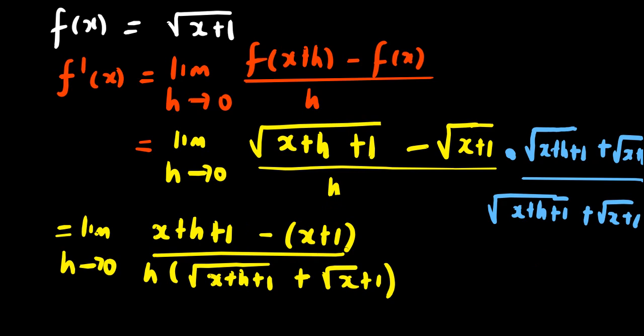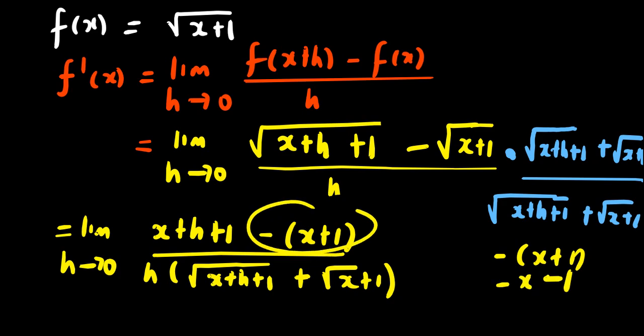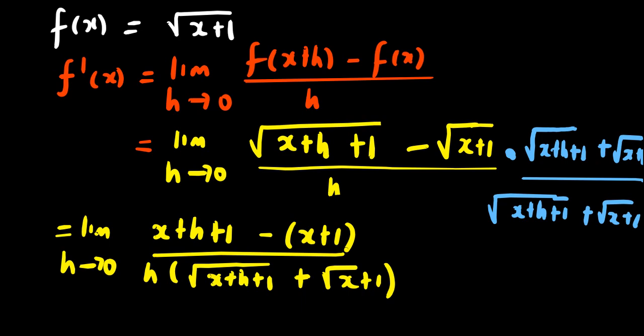You know that if I've got this expression, the negative of x plus 1, that is negative x minus 1. So allow me to write that there. When I distribute the negative here, I'm going to have negative x.